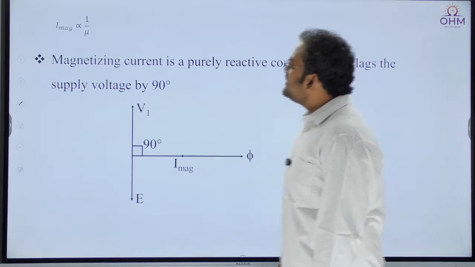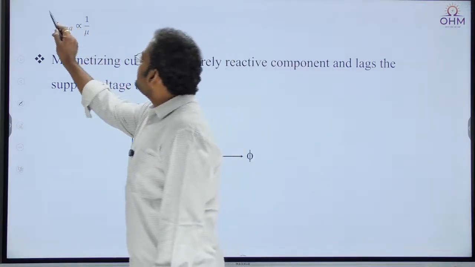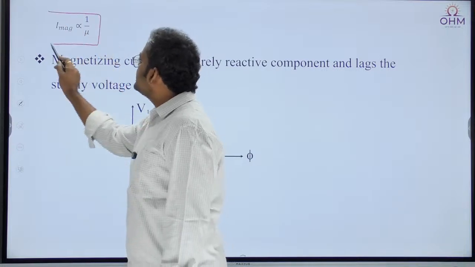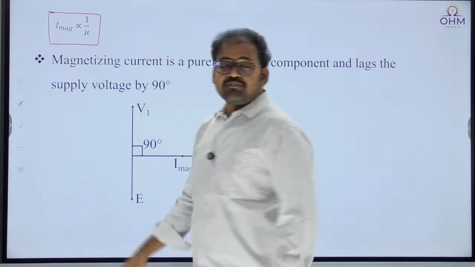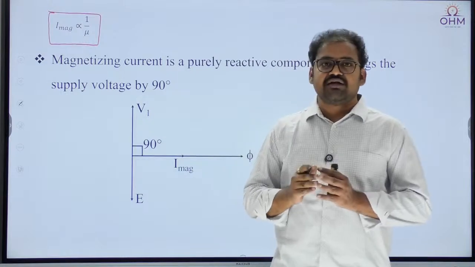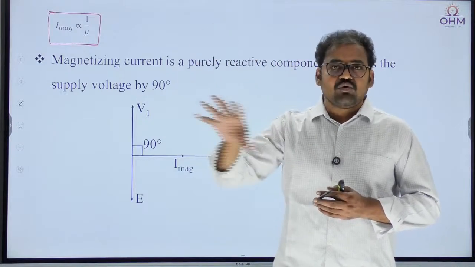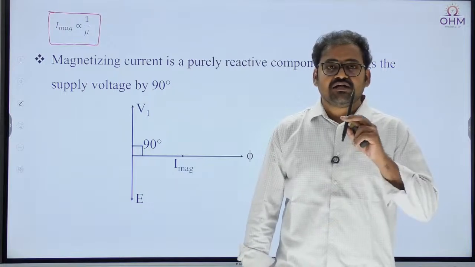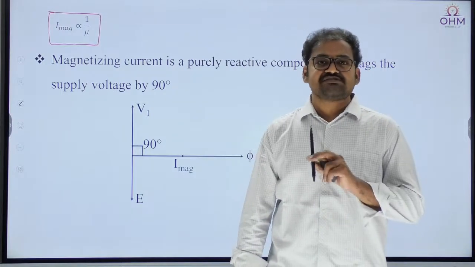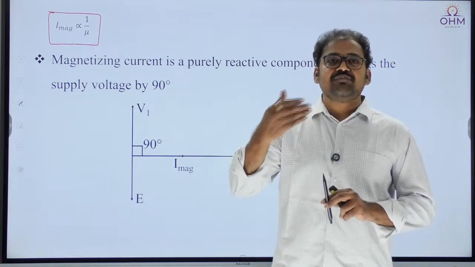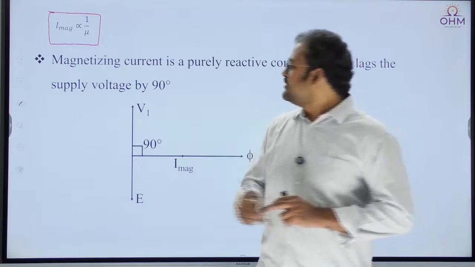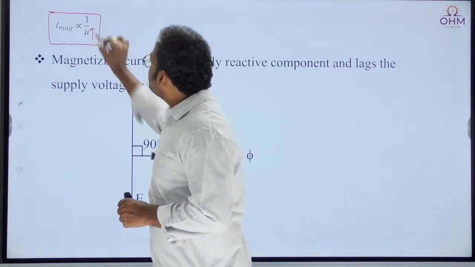And most importantly, magnetizing current is inversely proportional to permeability. That means the magnitude of the magnetizing current will depend upon the permeability of the magnetic core that we selected. And we know a transformer is always designed using high permeability ferromagnetic material. What is the advantage of high permeability?